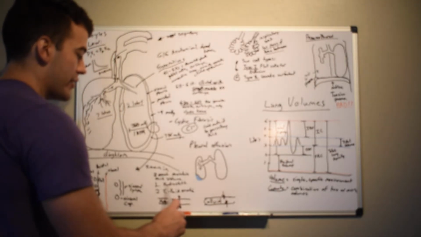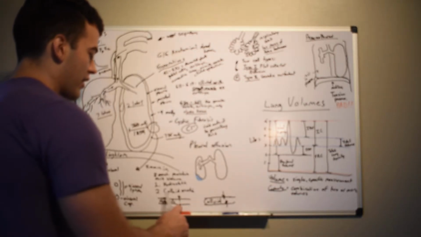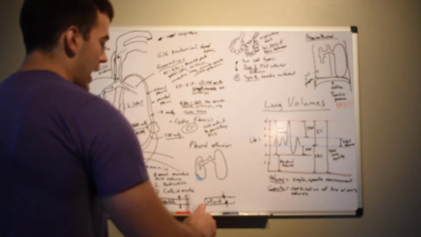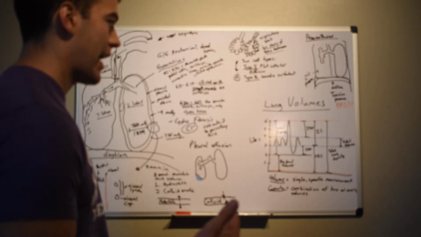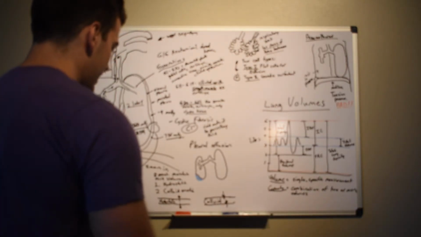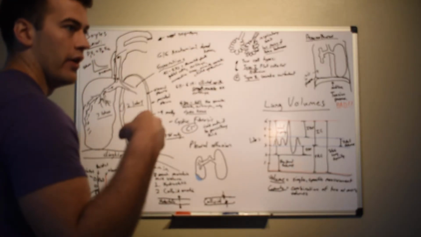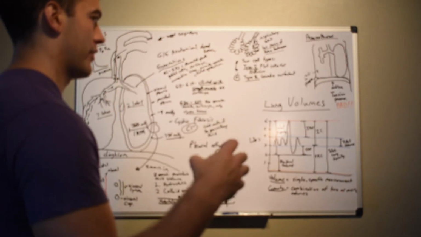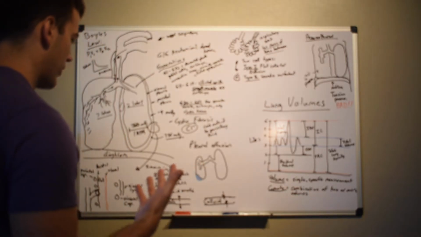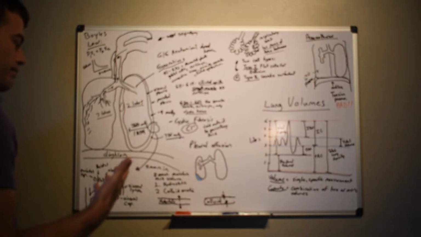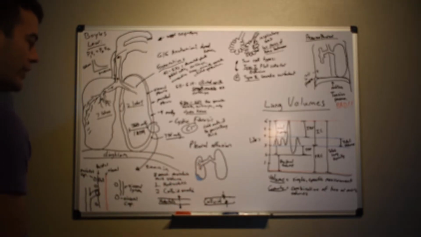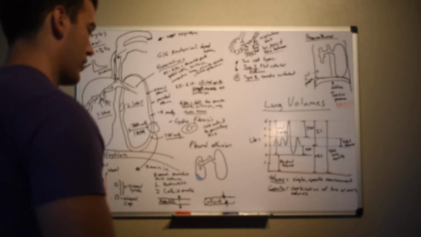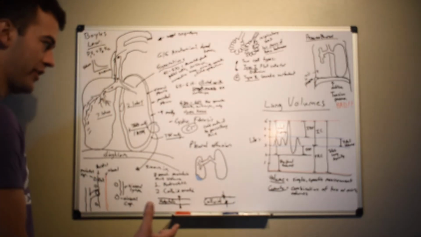So we've got our hydrostatic pressure and our colloid oncotic pressure. Hydrostatic pressure is just your blood pressure. It's the actual pressure that the liquid part of your blood is under, and as we know, it can vary from 120 over 90 depending on what part of the cardiac cycle we're in, or 120 over 80 if we're healthy.